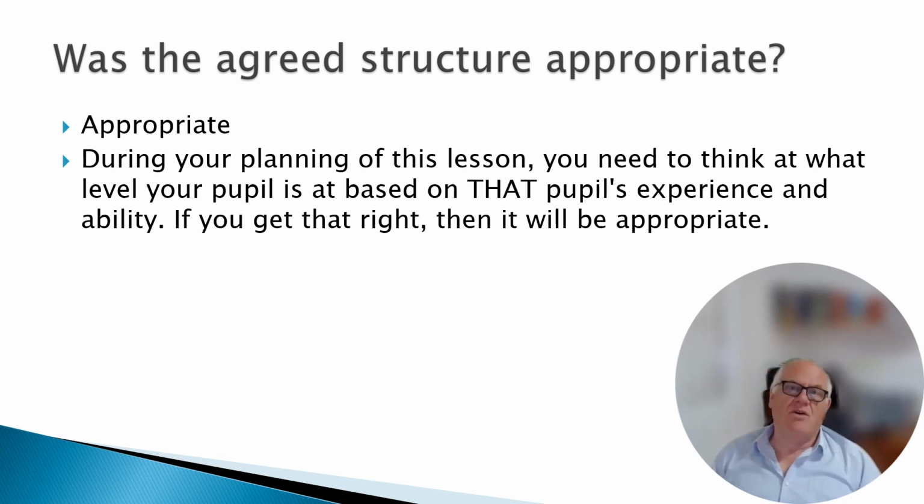There isn't a one size fits all, and I don't think we really plan for the individual learners enough, and this is where this comes in. If you get the lesson right for that pupil, experience and ability, then it will be appropriate. So even these words fit within each other.